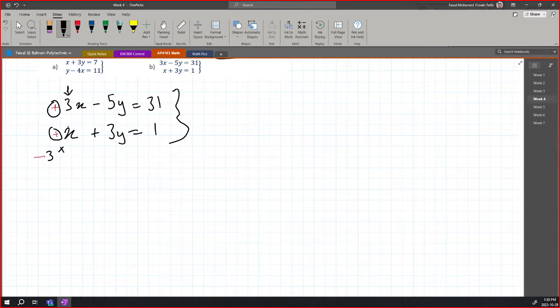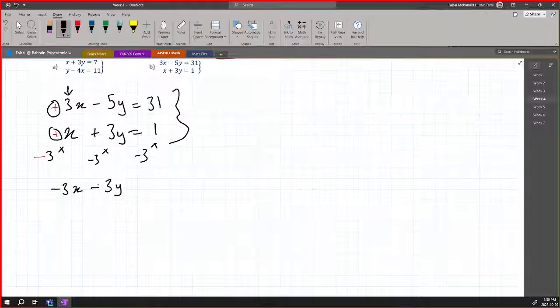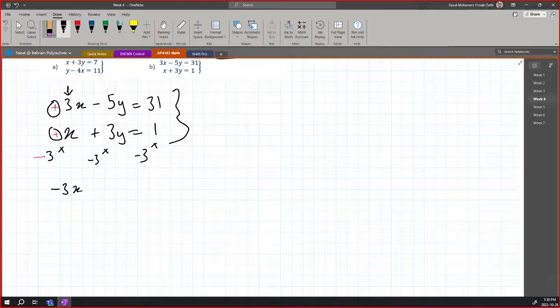So obviously when you multiply one component of an equation, you have to multiply all of the rest بعد. فهذا times minus 3 وهذا times minus 3. Don't forget they're all minus 3s. If we rewrite the equation, it will be minus 3x minus 3 times 3y equal to minus 3 times 1.